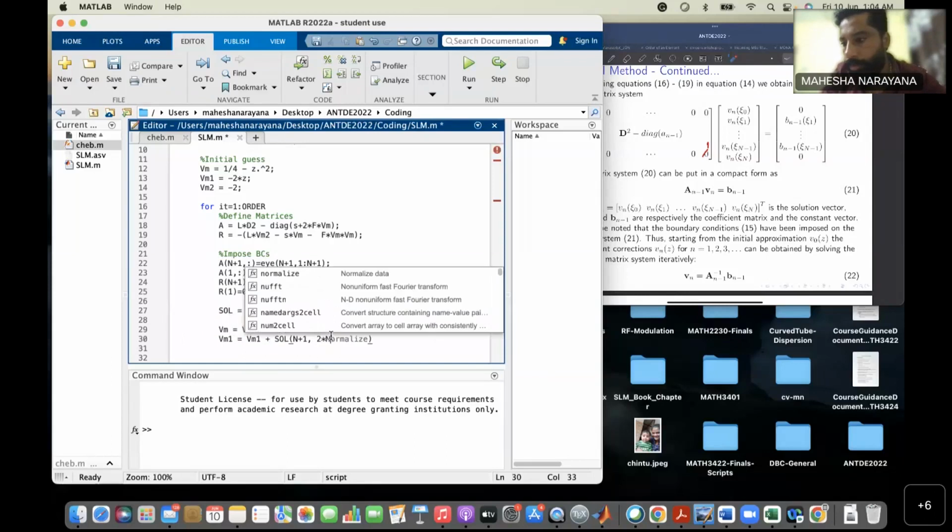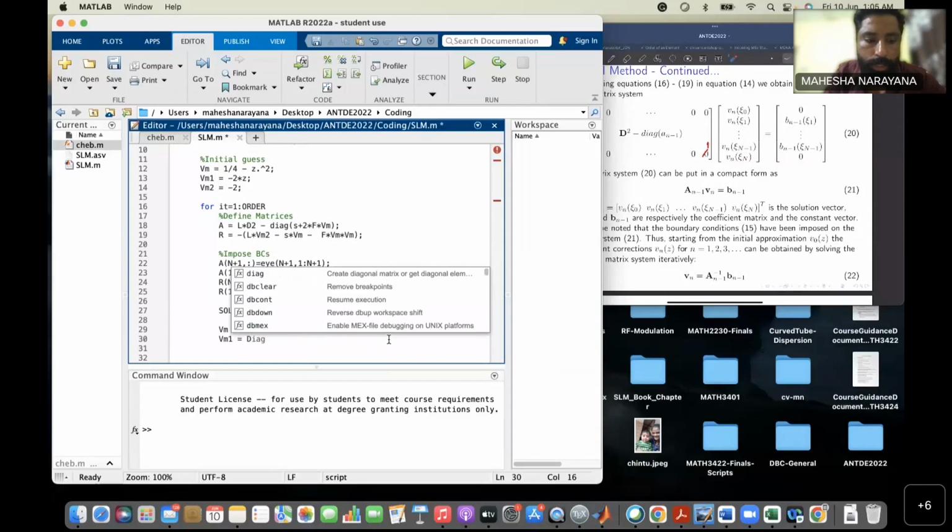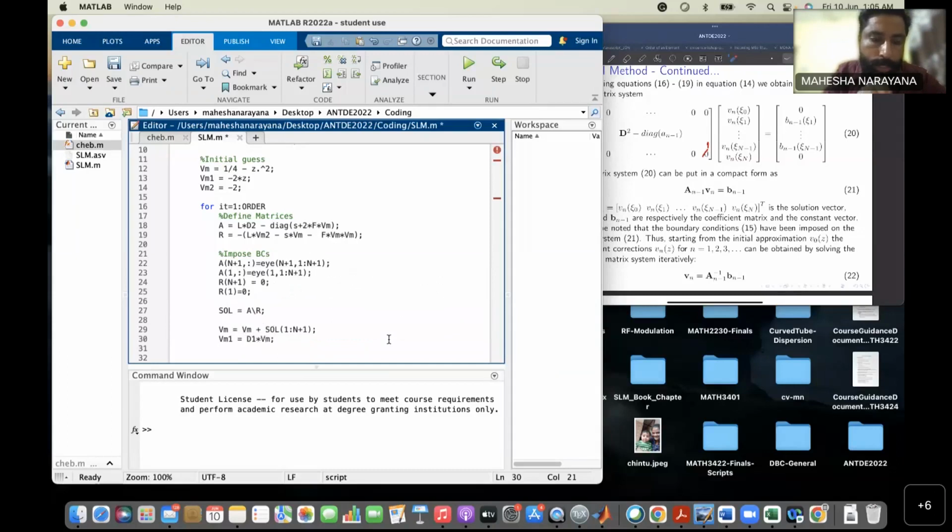So just use the differentiation matrix D1, multiply that by Vm, that will define Vm1. Then Vm2 is the second derivative. Just the differentiation matrix multiplied by this vector will provide the second derivative.